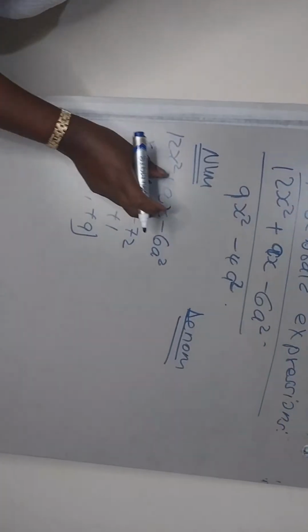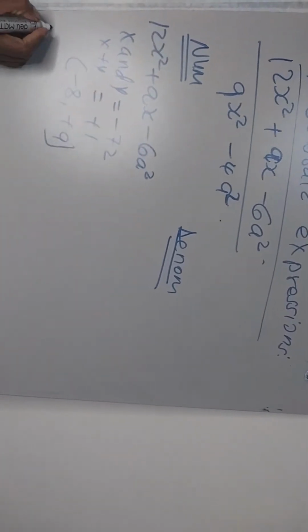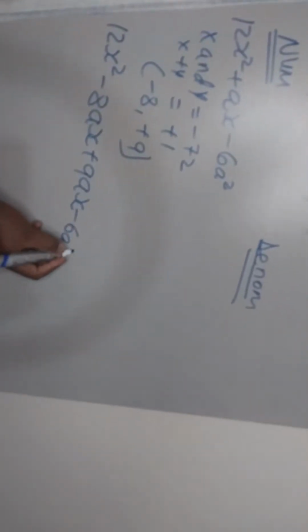Why have I written opposite signs? Because minus times plus gives us a minus. So instead of writing plus ax, we write minus 8ax plus 9ax. So it will be 12x squared minus 8ax plus 9ax minus 6a squared.